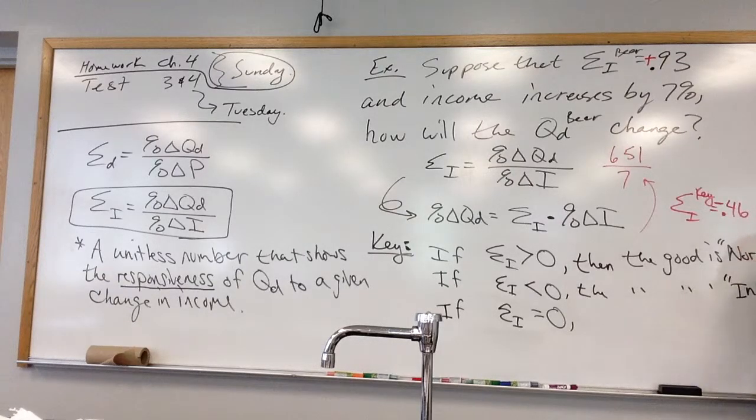What's it telling you about in real life between this good, whatever it is, if it's beer, and income? What's the relationship? What's the real world story being told? How are income and that good related to each other? They're unrelated, right? They're not positively related. They're not negatively related. It's kind of independent of income.